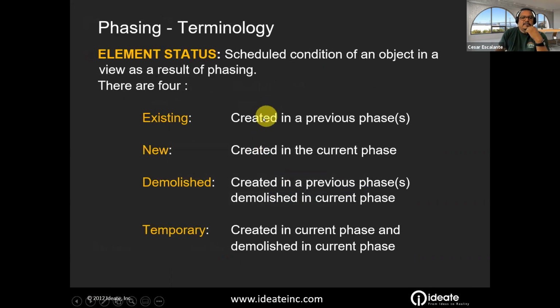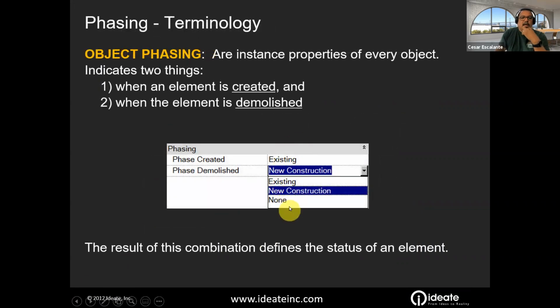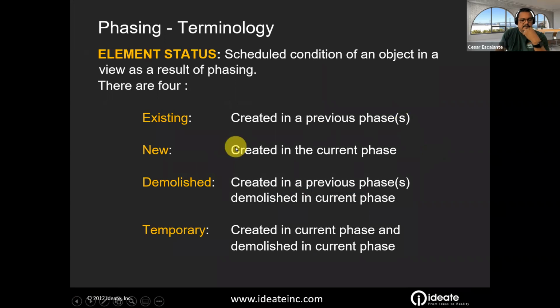So an existing object was created in the previous phase, but in the current phase is none. It hasn't been demolished. It's existing to remain. New elements are just created in the current phase. And so if I see this combination, a new element was created in the new construction, but it hasn't been demolished, so it will be none. New construction and none, that is a new element.